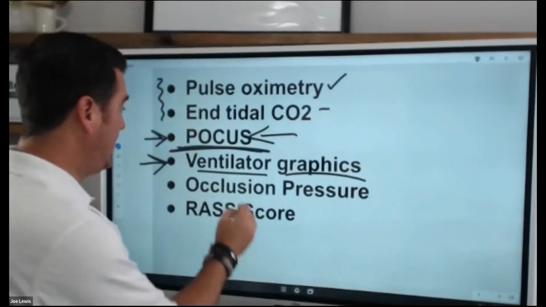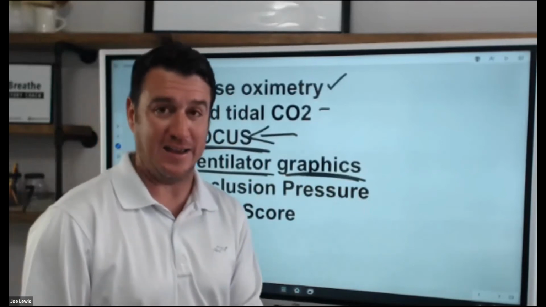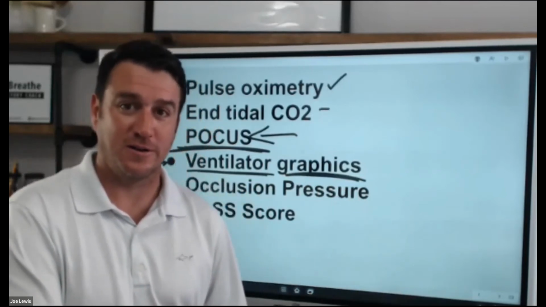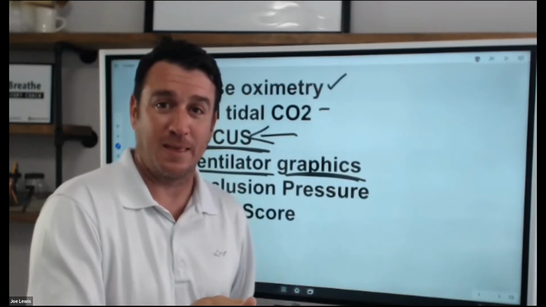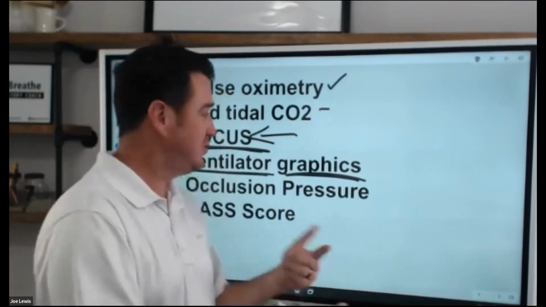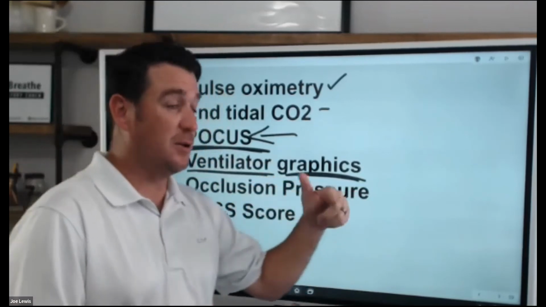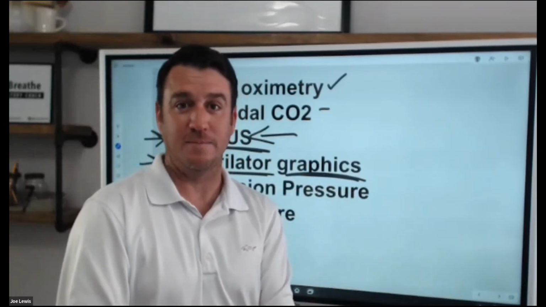What if we assess their ventilator graphics and we could identify flow hunger? What if the patient just wanted a little bit more flow? And that would calm them down. What if we actually thought about using the graphics to better set the ventilator to breathe like the patient?